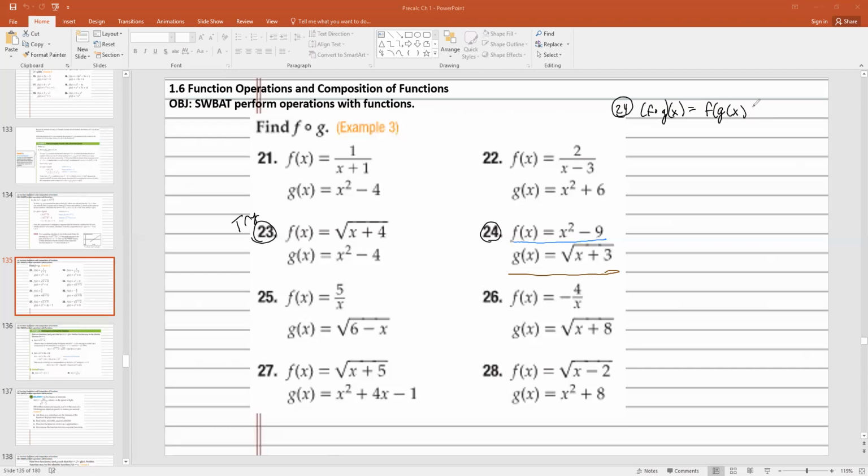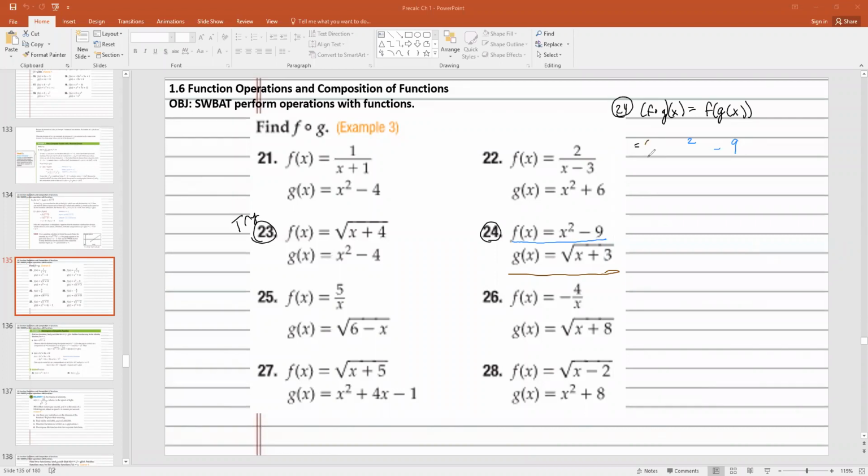All right, so that's what it looks like. So remember, we start out with the plans of f of x. So f of x is x squared minus 9. Now I'm going to take out that x. So wherever you see an x, take it out and then replace it with what your g of x is.